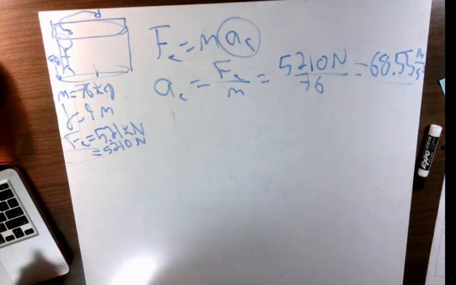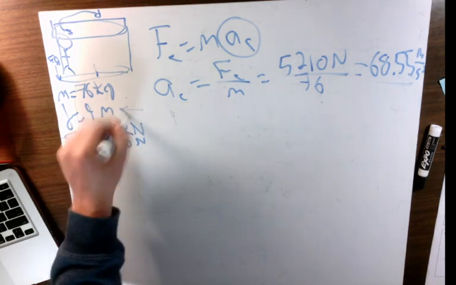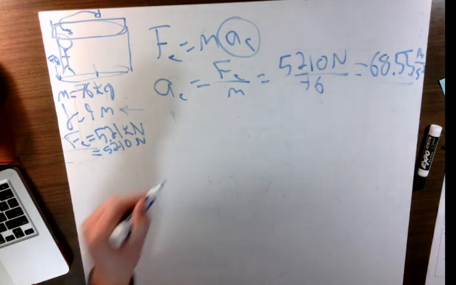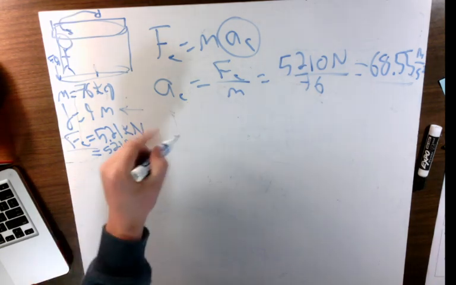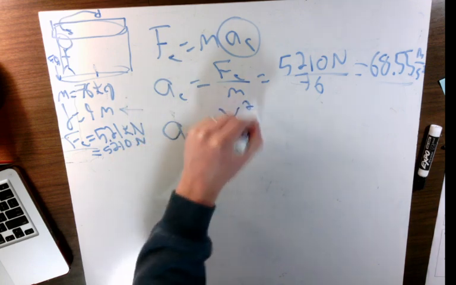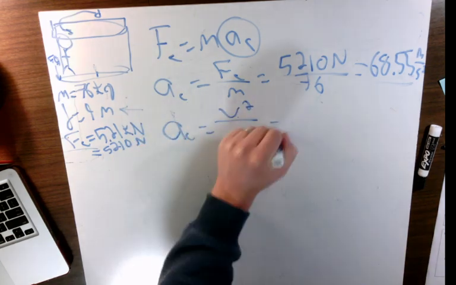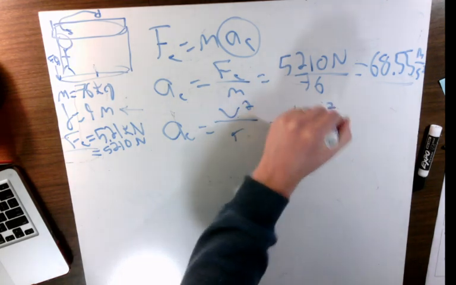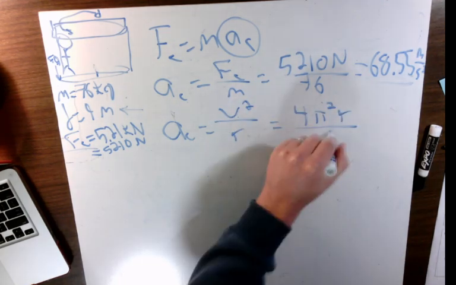All right, we know centripetal acceleration. We want to get period. There's this other piece of information given to us, diameter. So I'll just start by writing our two general forms for centripetal acceleration: speed squared over radius, or 4 pi squared r over period squared.